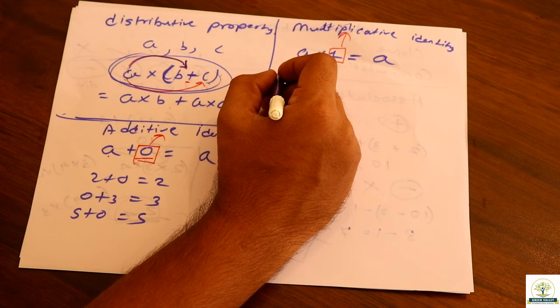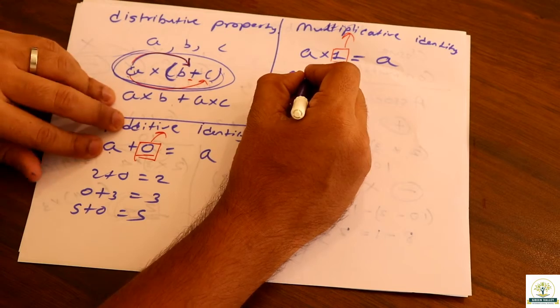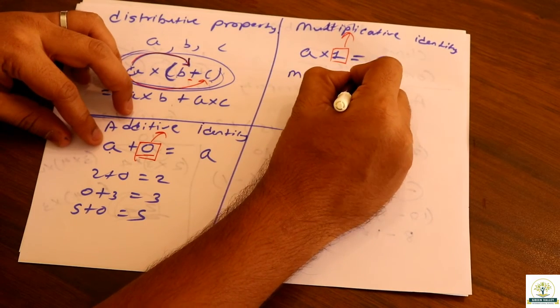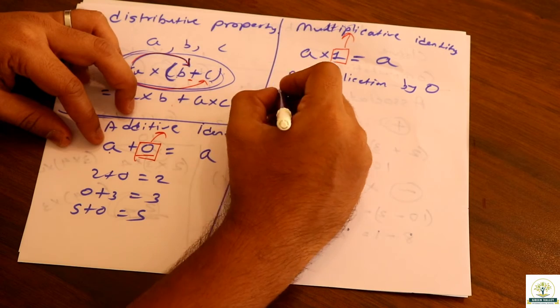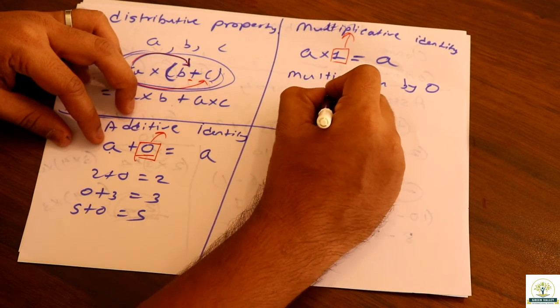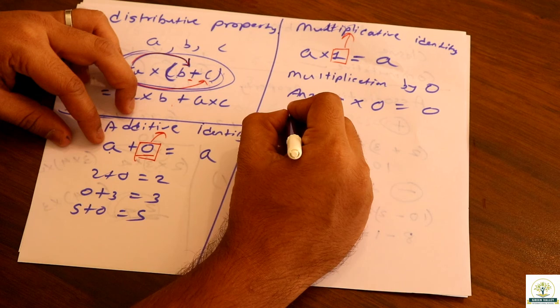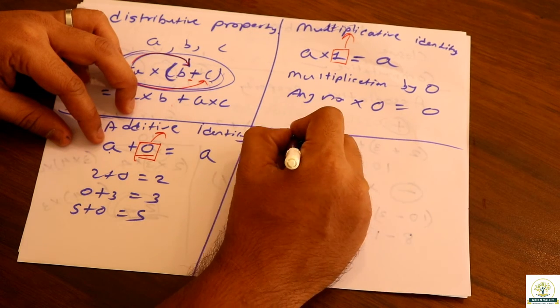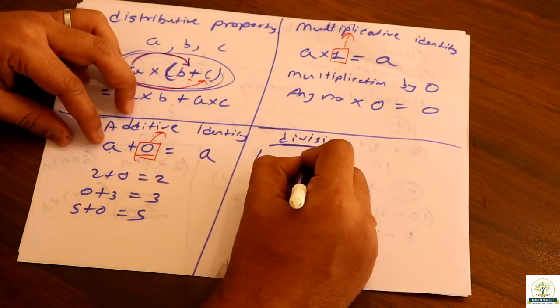Then comes multiplication by 0, which you already know: any number multiplied by 0 gives you the answer 0. We have to check for division, which is very important.